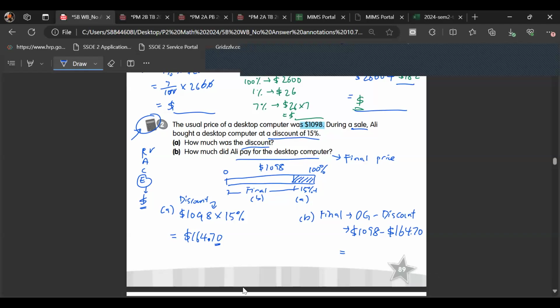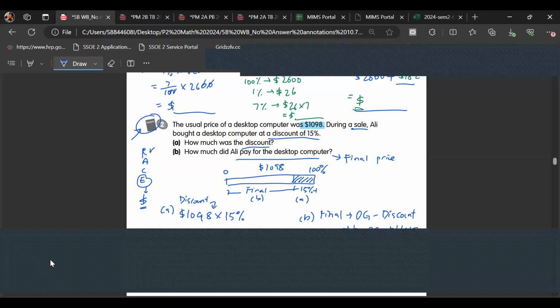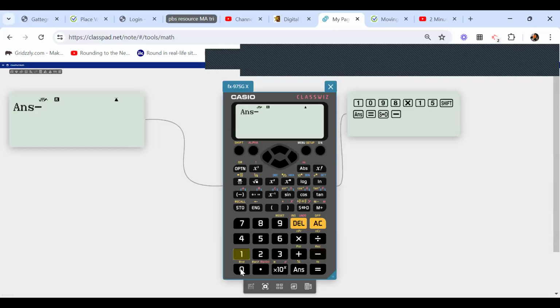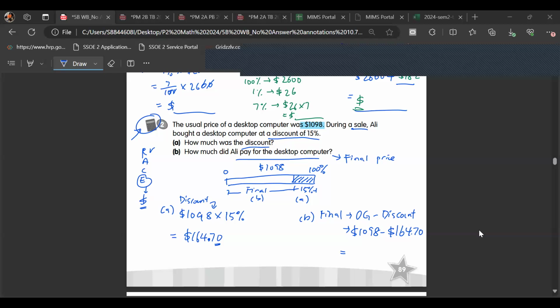If I use my calculator, I just subtract: 933.30.